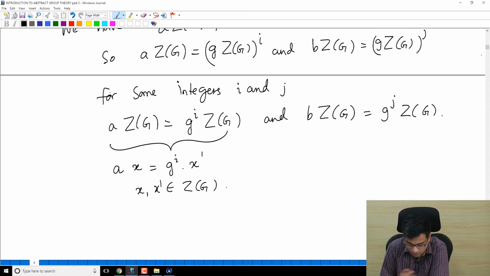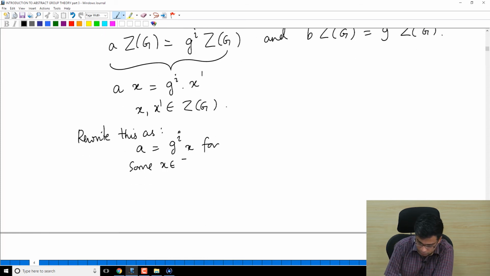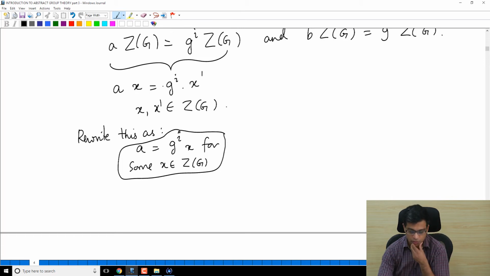So I can rewrite this as A equals g power i times x for some x in ZG. I am interchanging x and x prime; it's actually x prime times x inverse, because x and x prime are in the center, x prime times x inverse is also in the center. So I'm renaming everything to call it x.